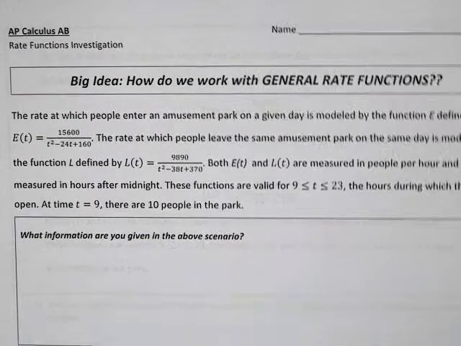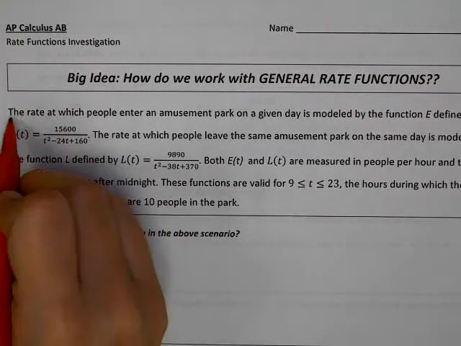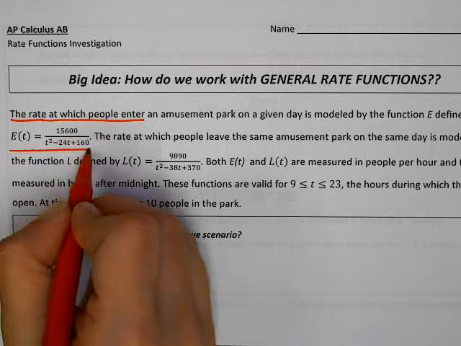And what I'd like to do is start by reading through here and just picking out the important information that's going to be given in most of these problems. So it says here the rate at which people enter an amusement park is modeled by the function E. So I can already tell this is going to be a problem about rates because it says in the directions the rate at which people enter is here.